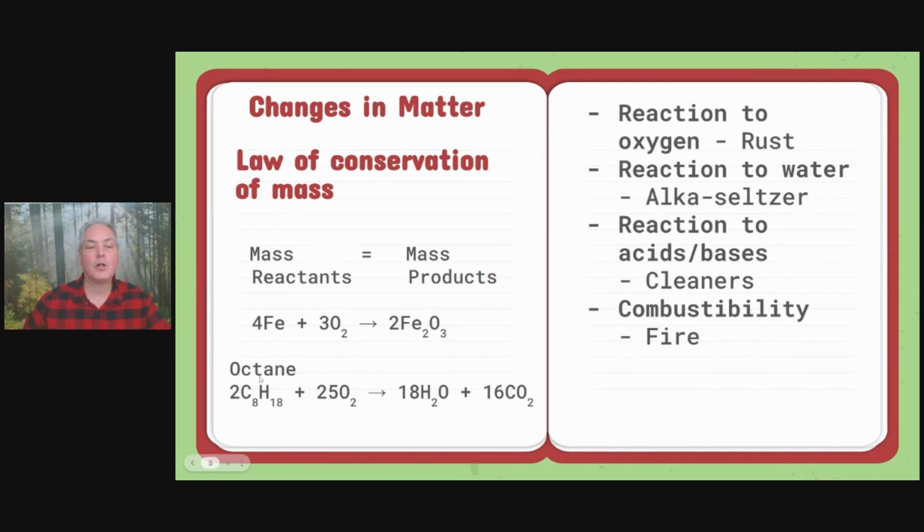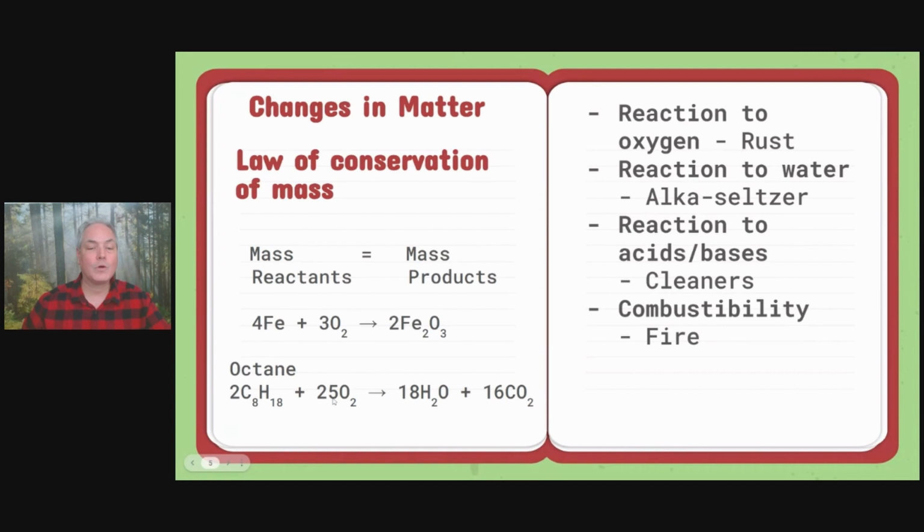Now, we know that when we burn octane in a car, we need oxygen, and oxygen comes in packages of O2. If you notice, I have 2 molecules of octane and 25 molecules of oxygen.